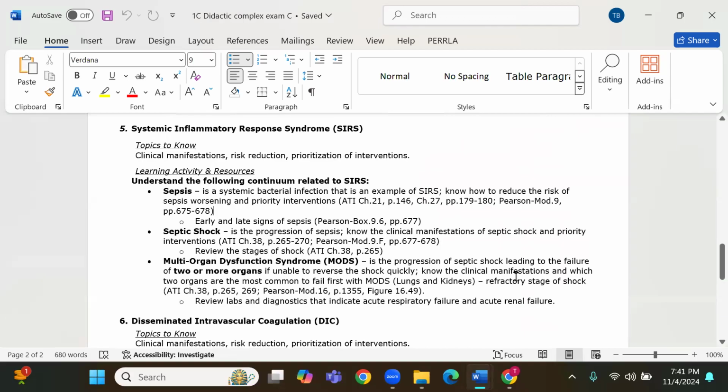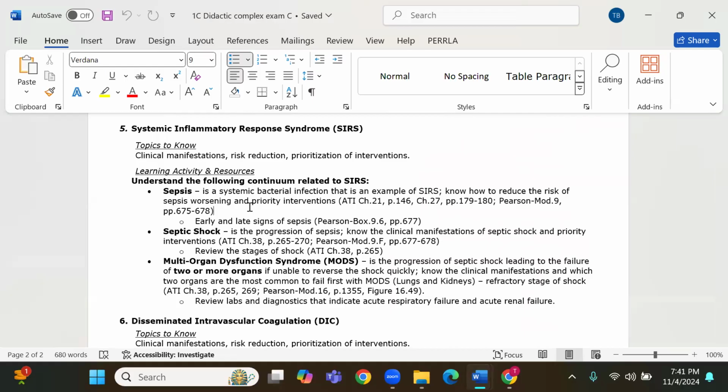So we know that SIRS is systemic inflammatory response, and what causes it is sepsis, right? Which is a bacterial infection that is so powerful that the bacteria just multiply very fast. And the bacteria are now the potent vasodilators, okay?